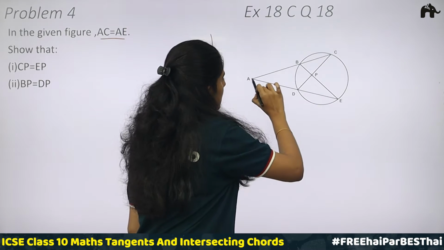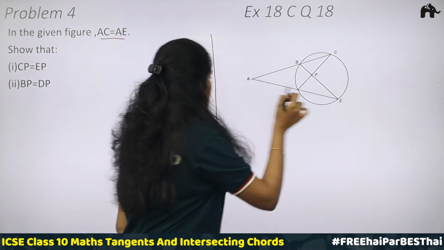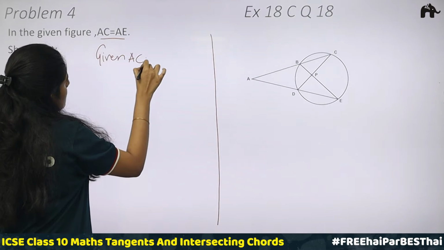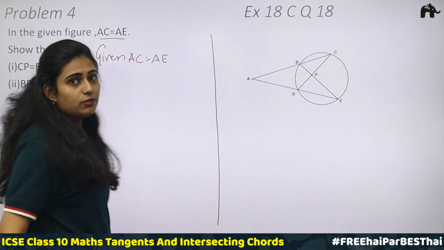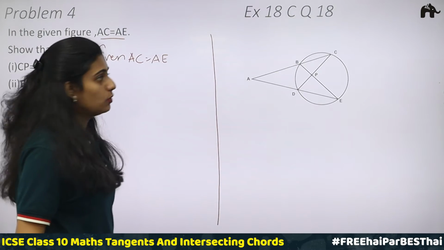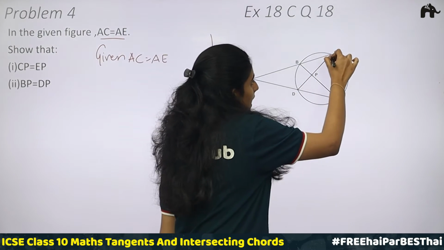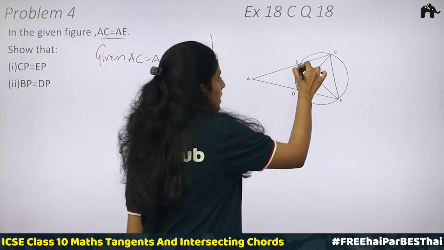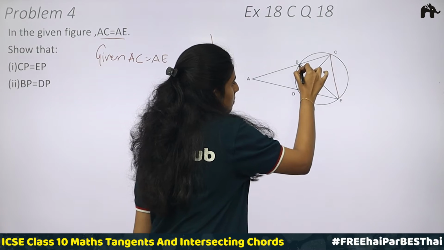Now, when you take these sides AC and AE, given AC is equal to AE, if two sides are equal, then the angles opposite to them will also be equal. For that, I am going to join the C and E points. Similarly, I will be joining B and D points.